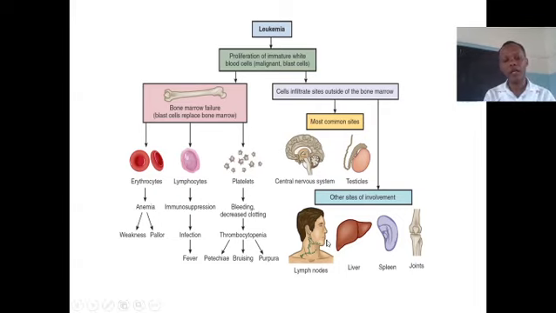Inakuja ku-attack lymph nodes, it attacks the liver, attacking the spleen, attacking the joint. Kote huku sasa unapata lymphadenopathy. Kwenye liver unapata hepatomegaly. Kwenye spleen unapata splenomegaly, na huku kwenye joint unapata joint pain. Hii ni summary tu ya pathophysiology ya leukemia.